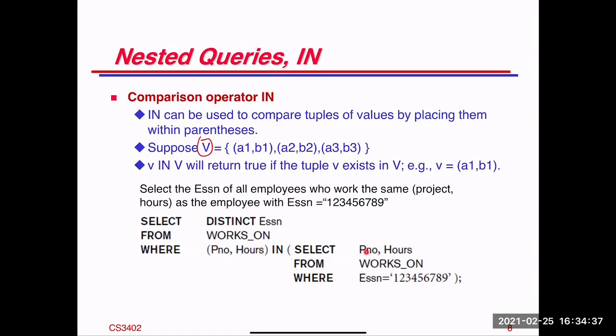Well, it gives me all the project number and hours tuples that are worked on by this employee with this social security number. So I'm going to use this in my outer query to now select from the WORKS_ON relation. I'm just going to select the social security number where the project number and hours is inside this set.